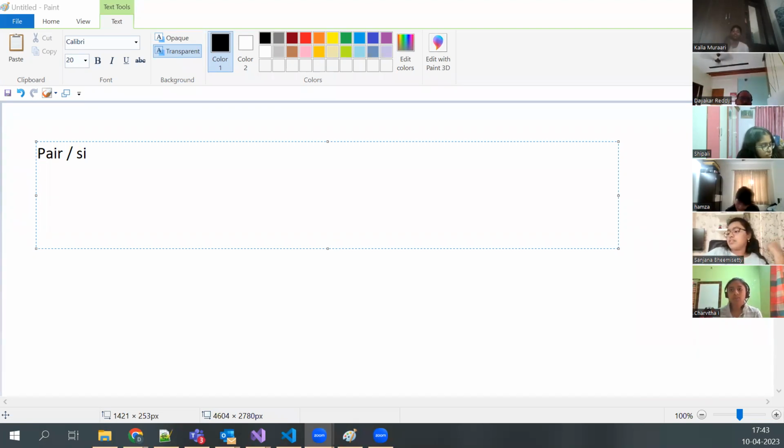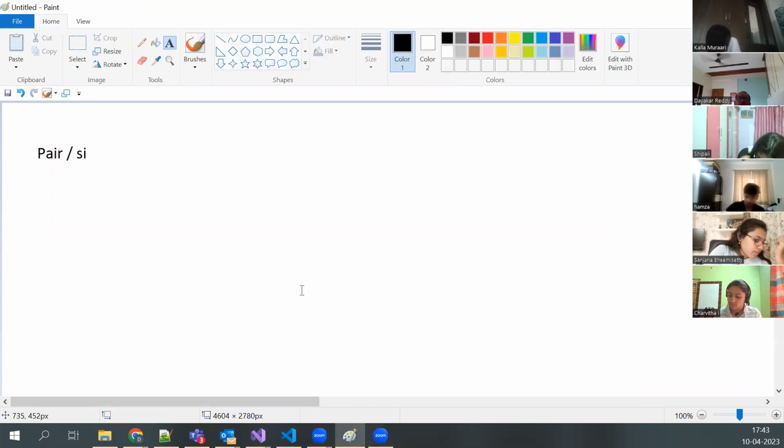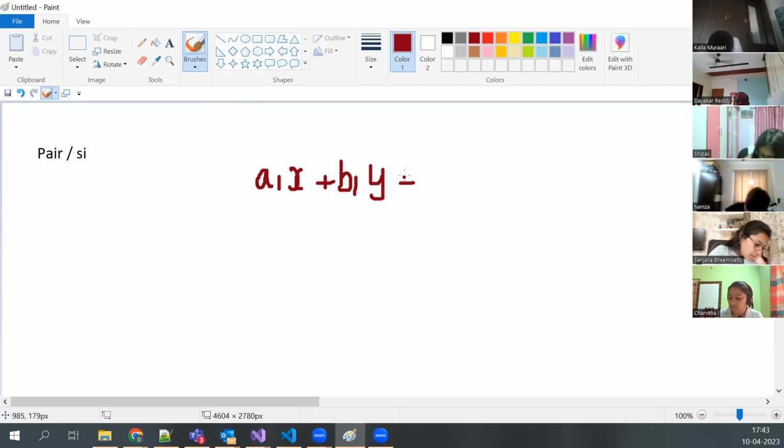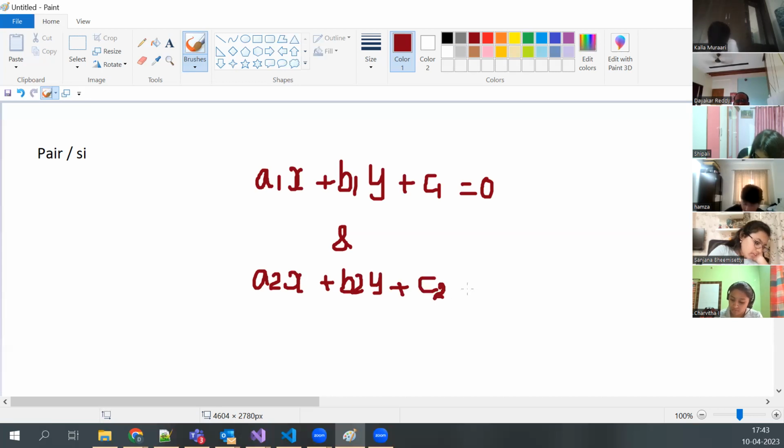Note down the general form of pair of linear equations with two variables is a1x plus b1y plus c1 equal to 0 and a2x plus b2y plus c2 equal to 0.